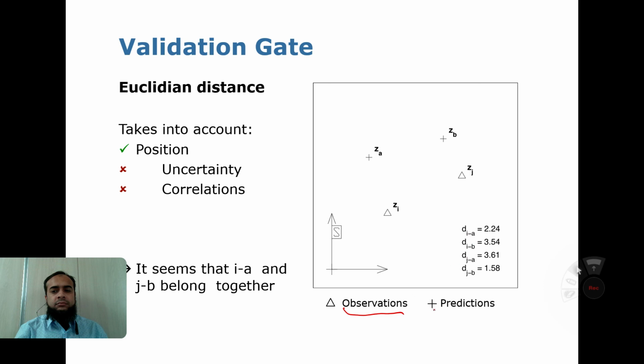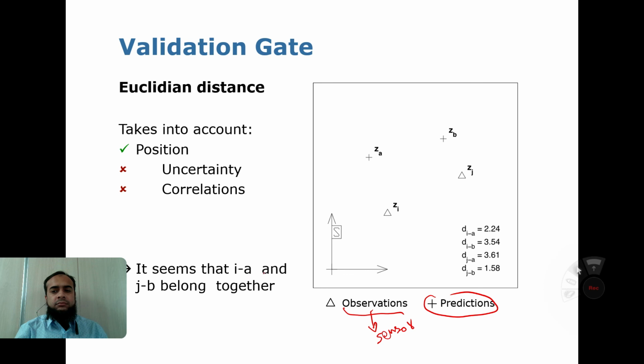We want to match the prediction with the observation. The observation is a sensor observation, and we want to develop the validation gate by matching the prediction and the observation. So it takes into account the position, uncertainty, and correlation.